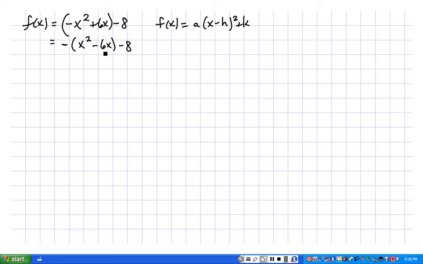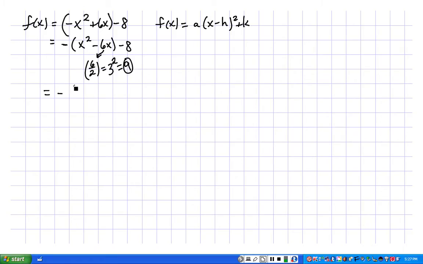So remember, we take our b, the number that's attached to our x, divided by 2. So 6 divided by 2 equals 3. Then we take that number and square it. That gives us a 9. So we're going to complete the square by adding a 9 in.